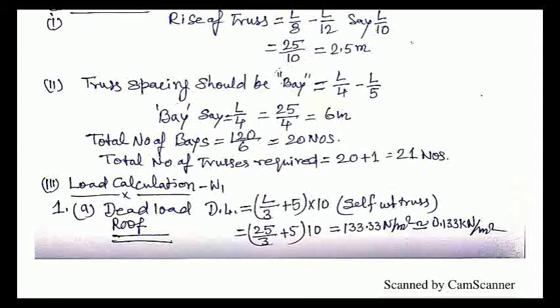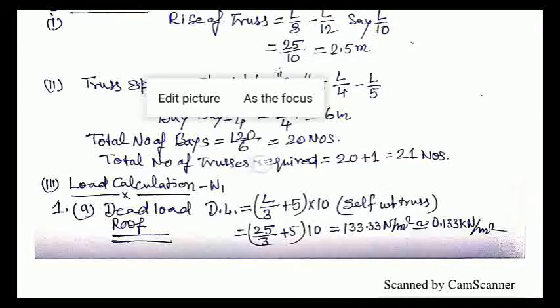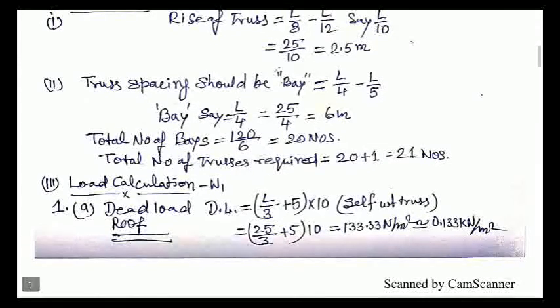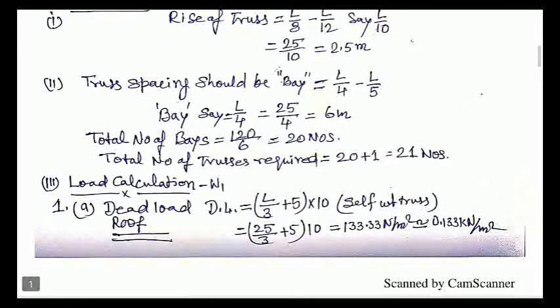So total number of bays will be, total length of the shed 120 meter divided by 6 meter, where 6 meter is bay length, or center to center distance between the trusses. This comes out to be 20 bays. So 21 trusses will be required for this construction.